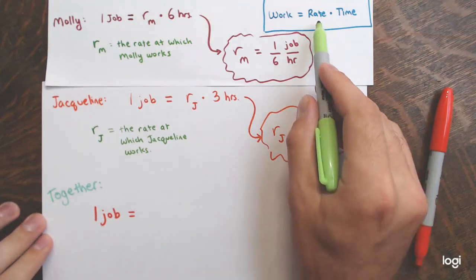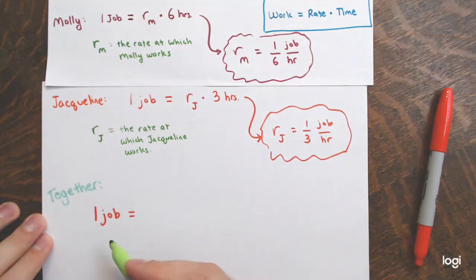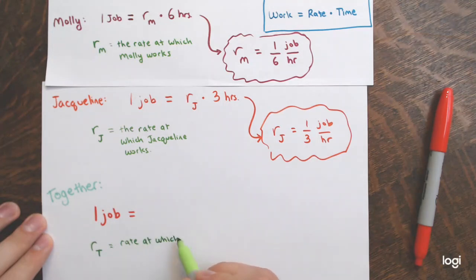So the rate at which they both work, I'm going to call that R with a subscript of T for together. All right, this is the rate at which they work together.